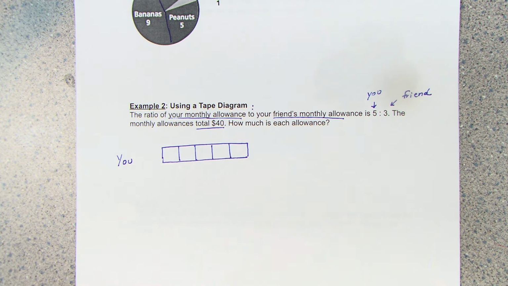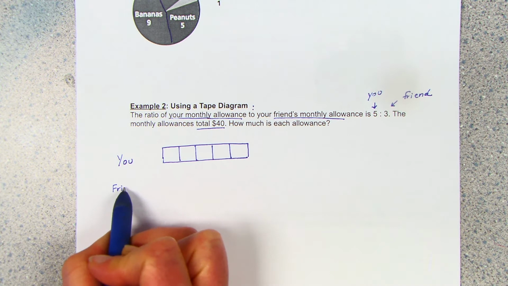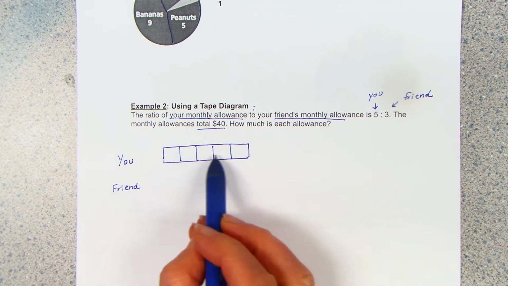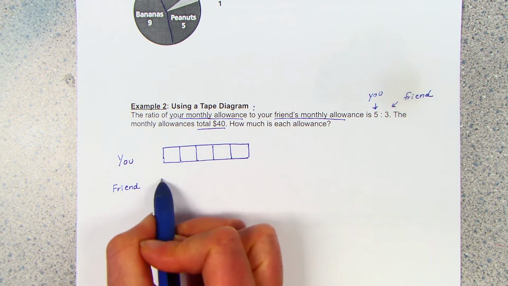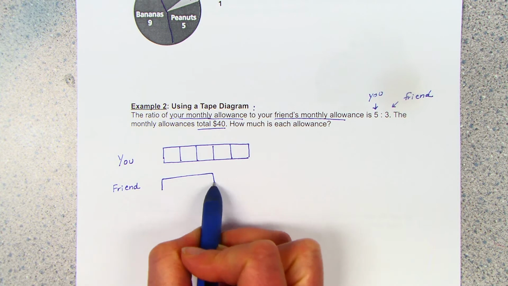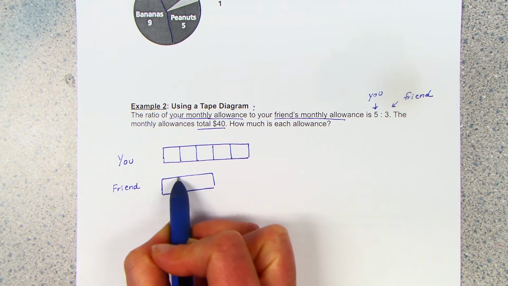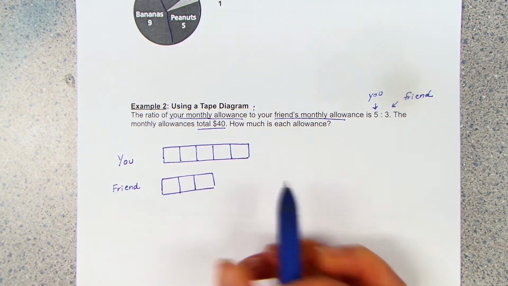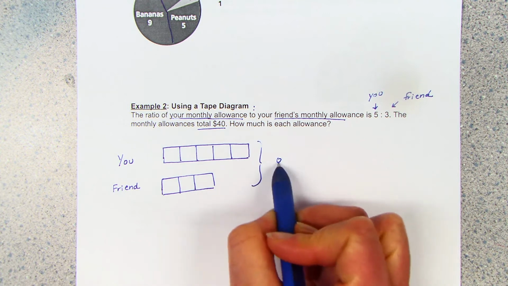Try to make them about the same size, right? And then your friend. So 5 parts for you to 3 parts for your friend. I'm going to make them as even as I can. So we can see that those are the same size parts. Okay, so I have a total of 8 parts.